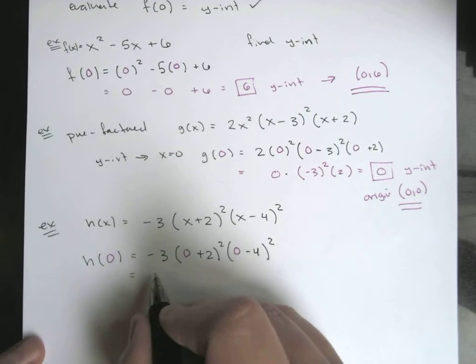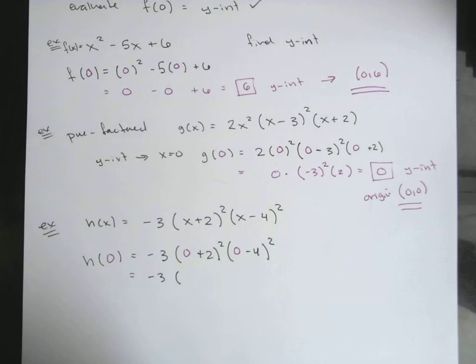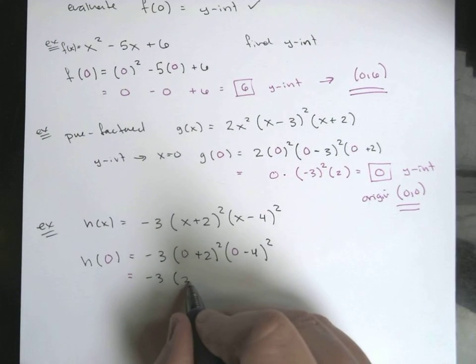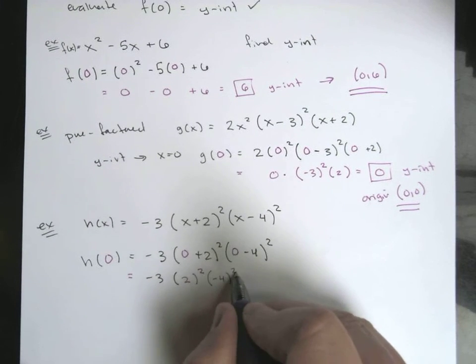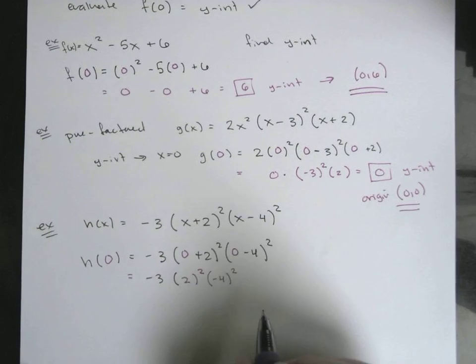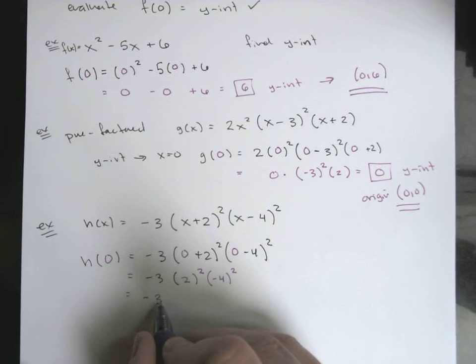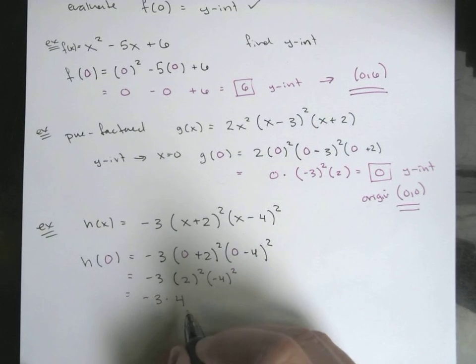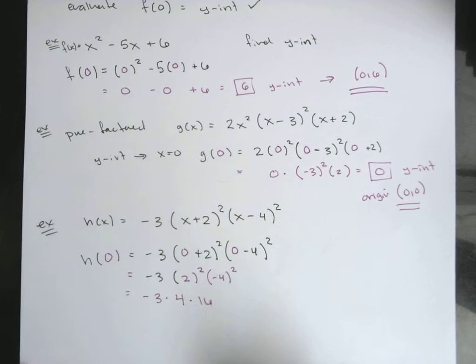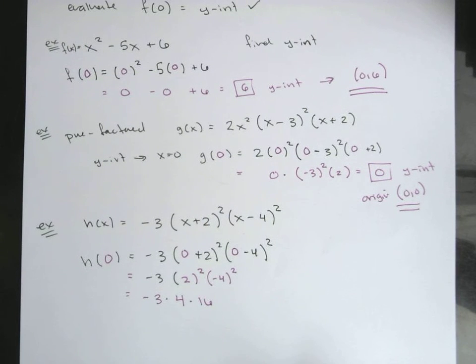So this is going to be -3. 0 plus 2 leaves you with a 2, 2 squared. 0 and -4 leaves you with a -4, and then that's squared. So this is going to get us -3 times, well, 2 squared is 4. -4 squared, negative times negative would be positive 16. Good grief. What the heck is this number going to be?